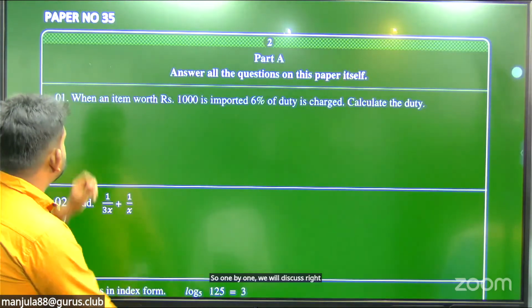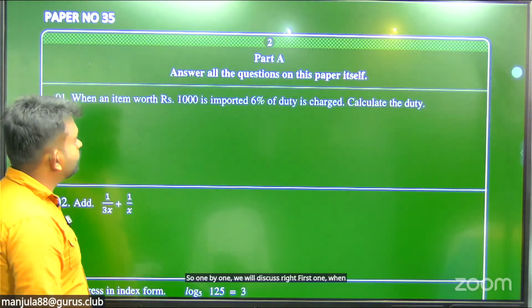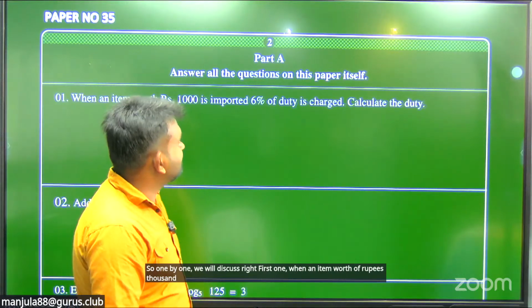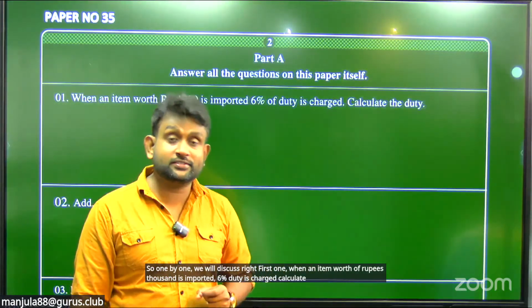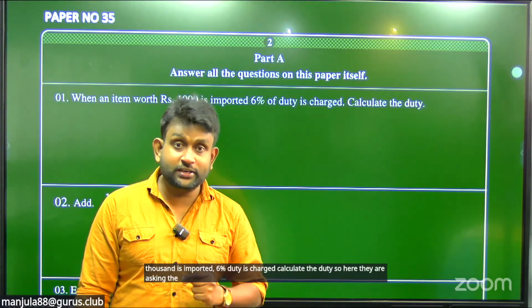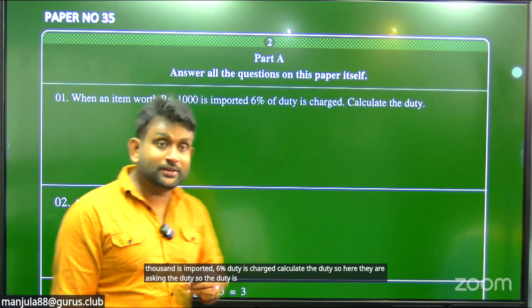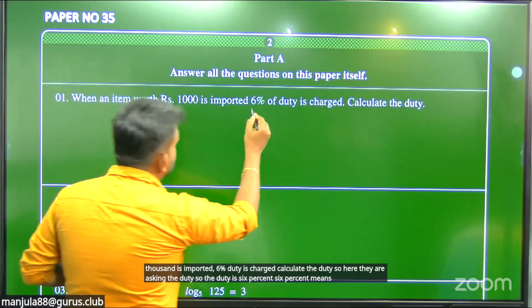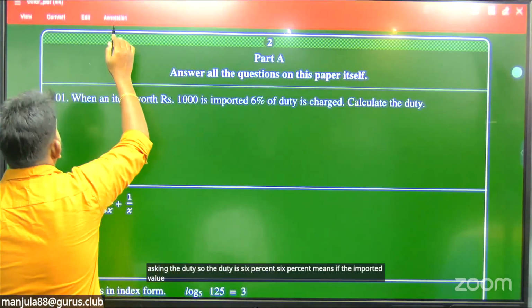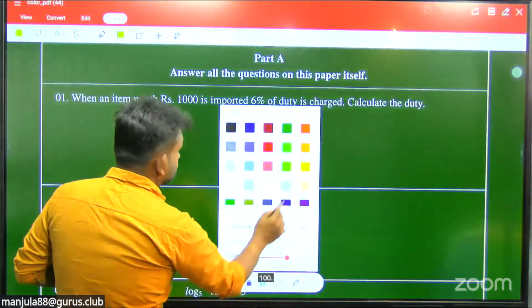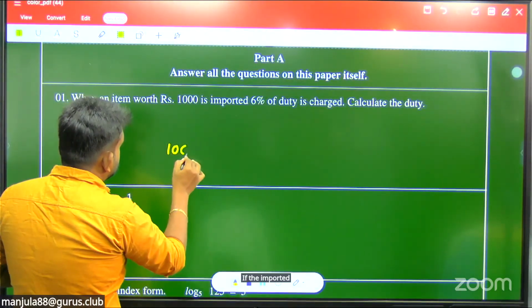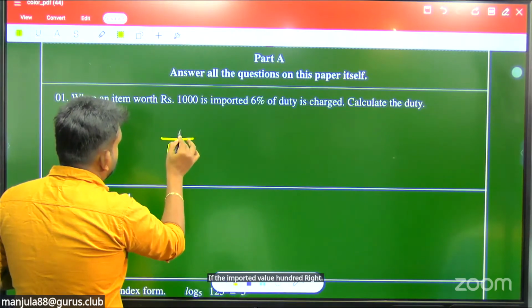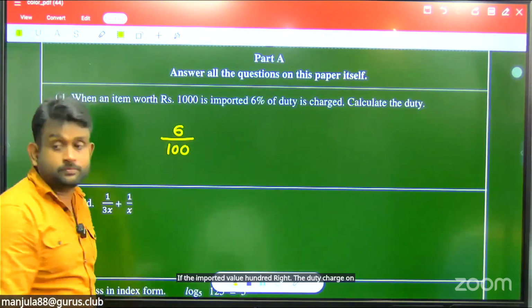First one: when an item worth rupees 1000 is imported, 6% duty is charged. Calculate the duty. The duty is 6%. 6% means if the imported value is 100, the duty charged on it is rupees 6.